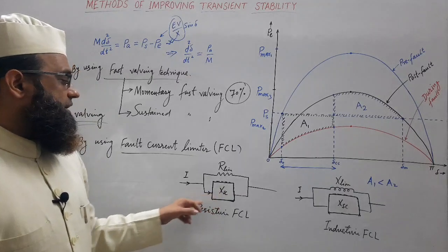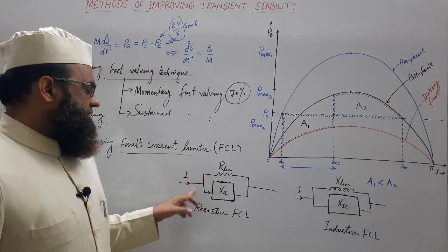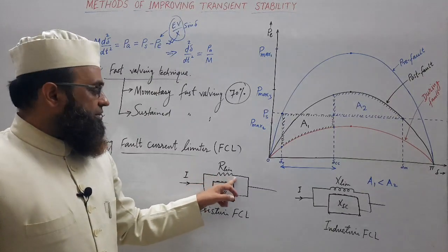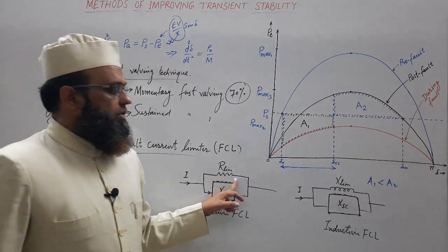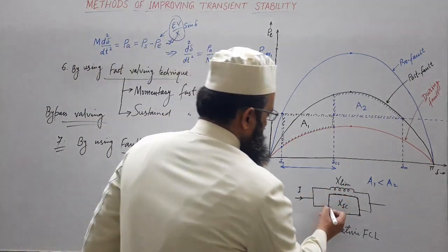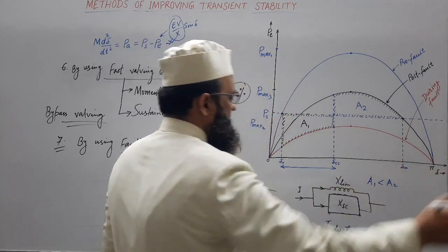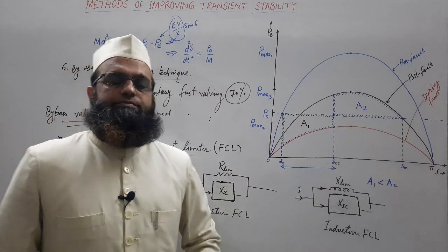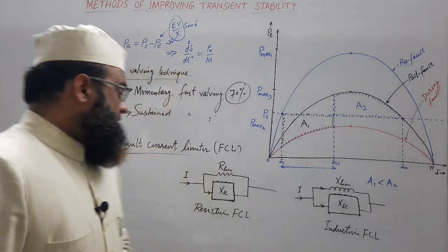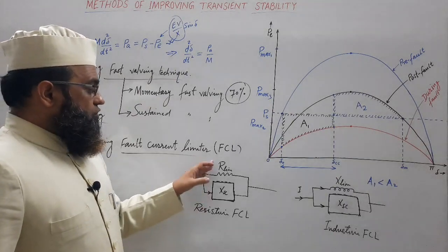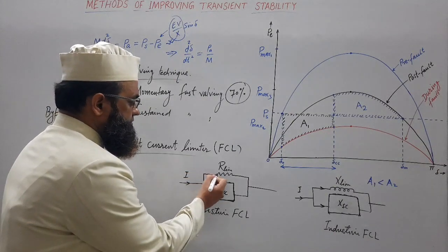Hence, by the current division rule, this abnormally high current will pass through this element also. In normal condition it was passing through this; in abnormal condition it is passing also through this branch. So this abnormal current is divided into 2 branches.